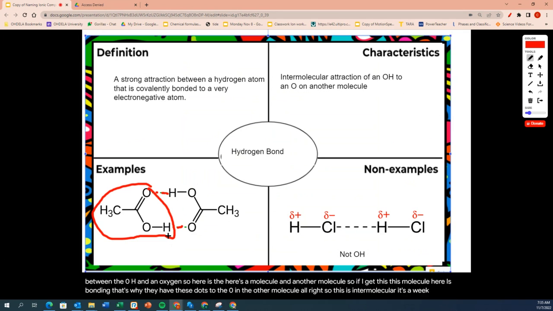It's a weak bond, but it's this OH and an O. Right here, see HCl, it's not an OH. So there is some intermolecular bonding going on here between H and Cl, but it's not this hydrogen bonding where you have the OH.